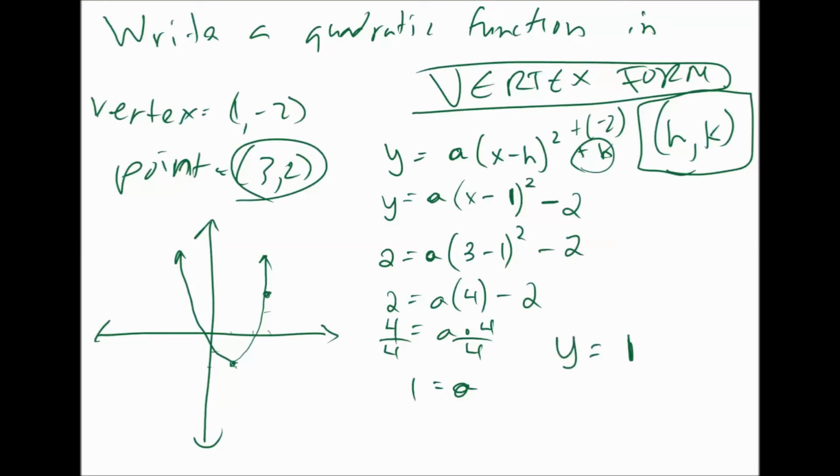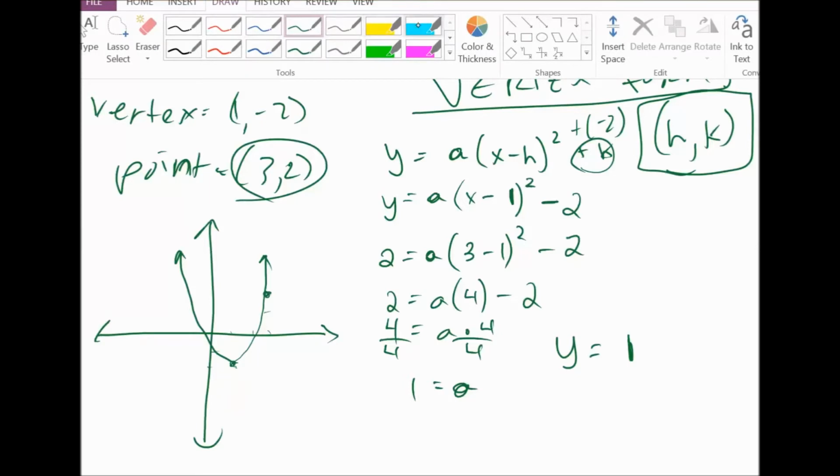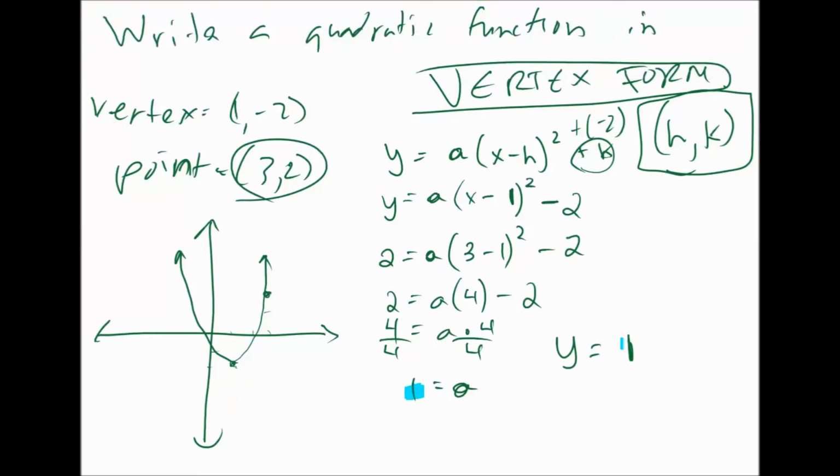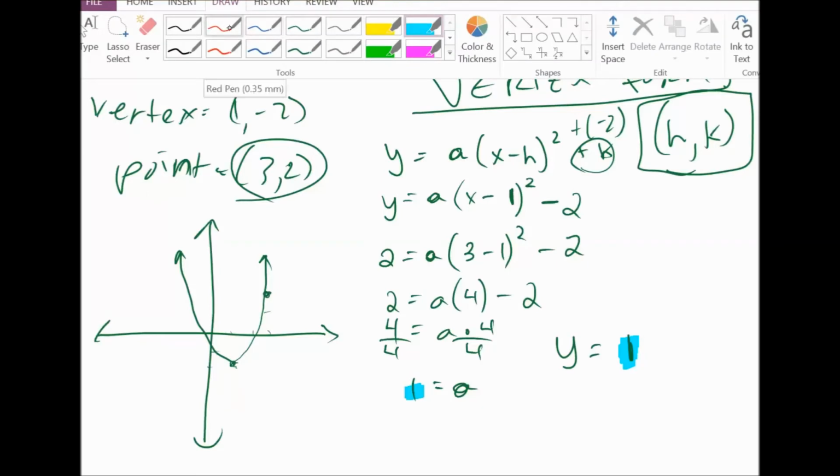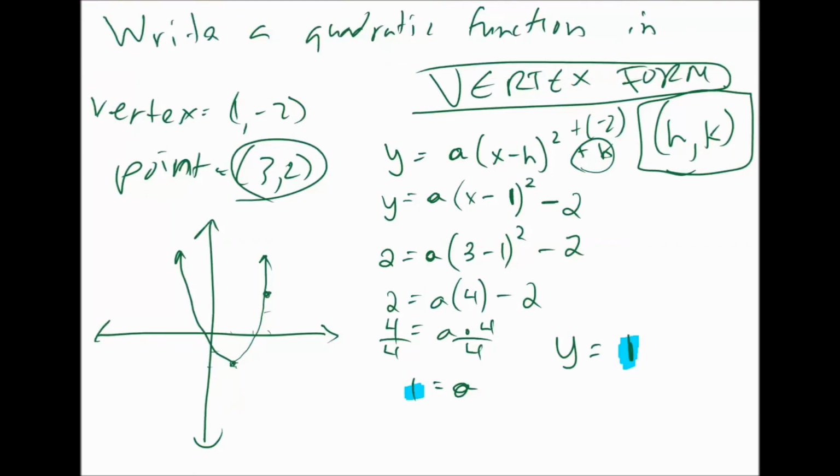We know that a is 1, so we can put that in right here. 1 times x minus 1 squared minus 2. So the answer is y equals x minus 1 squared minus 2.